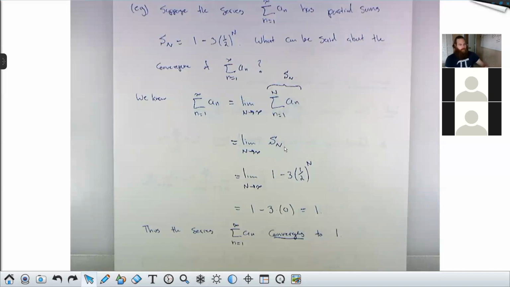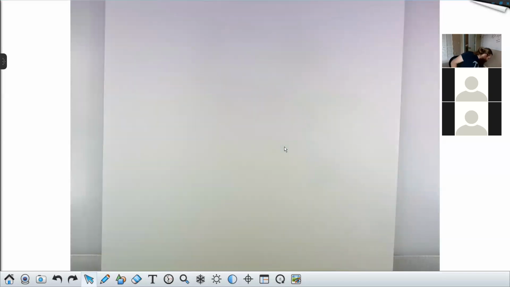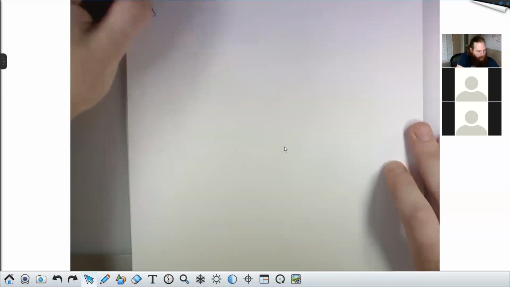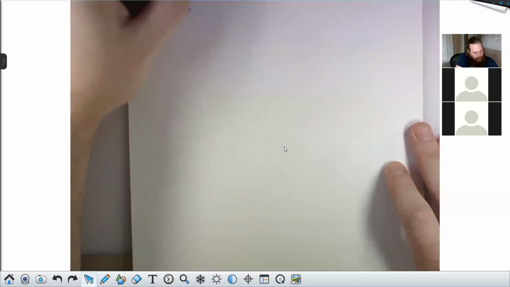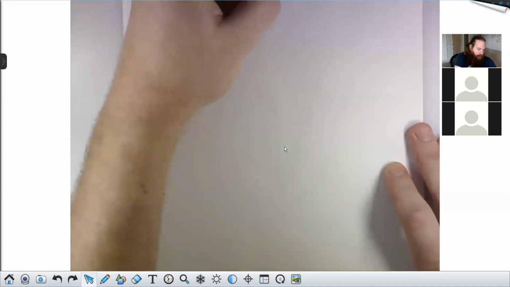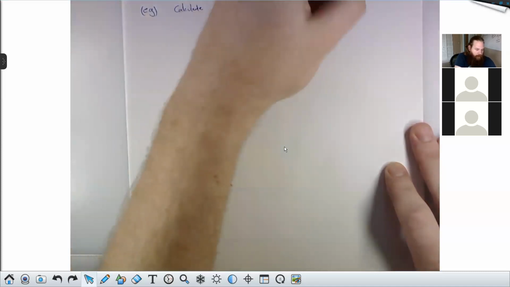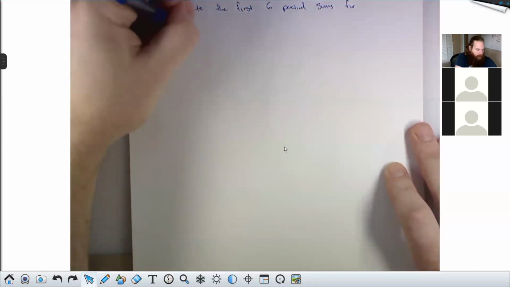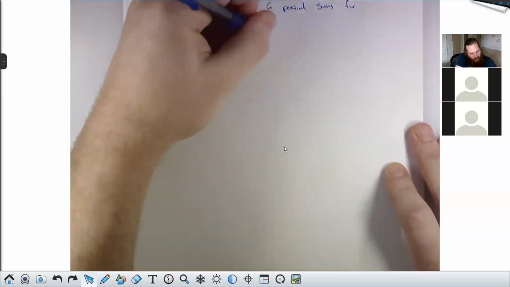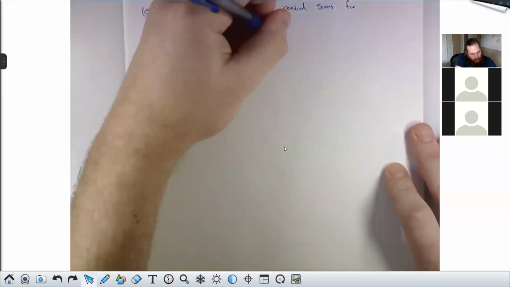Another problem type that you will encounter in your homework is just calculating partial sums. Let's say calculate the first 6 partial sums for the series, I'll call it S equals sigma n from 0 to infinity 1/3 to the n.